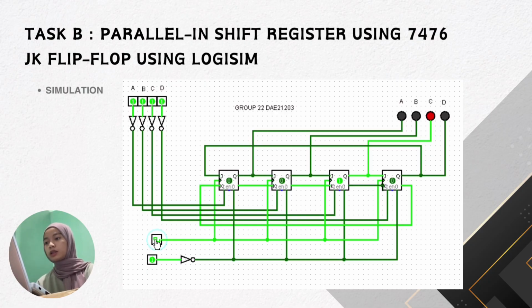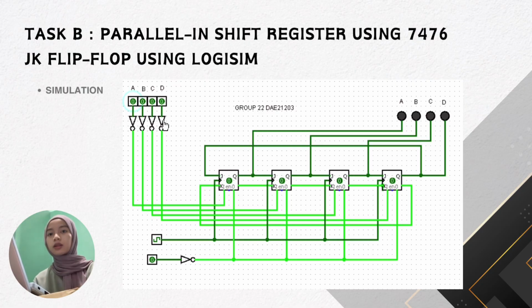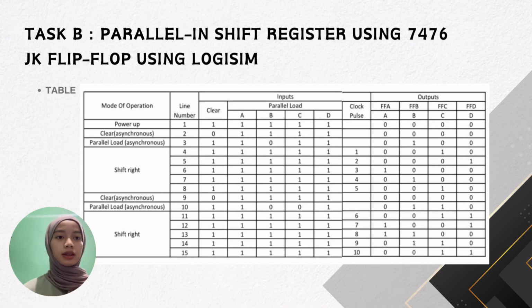If we use the clock pulse once again, the output is D. If we use it again, the output is 1 again at B, and again at C. This is the result that I recorded based on my simulation of that circuit based on the table given.